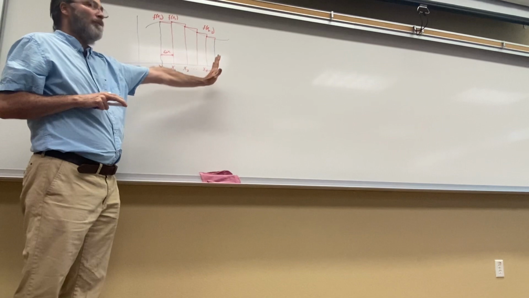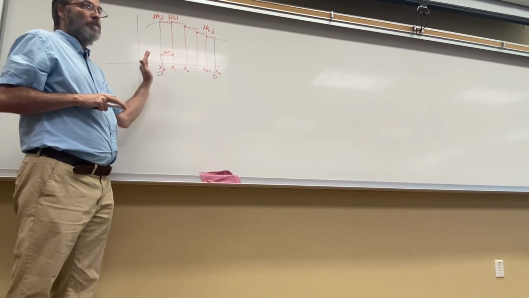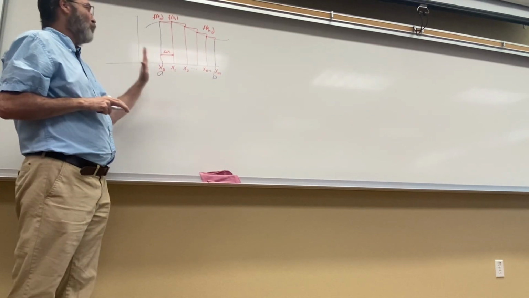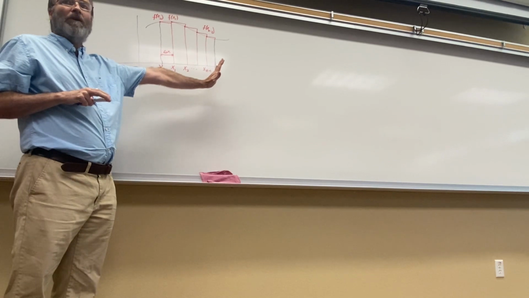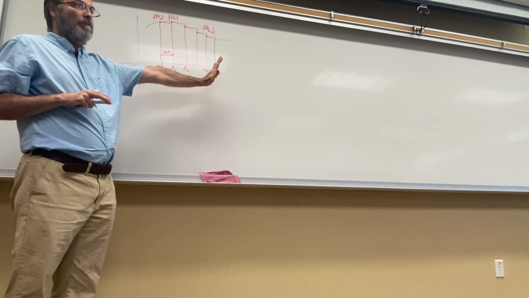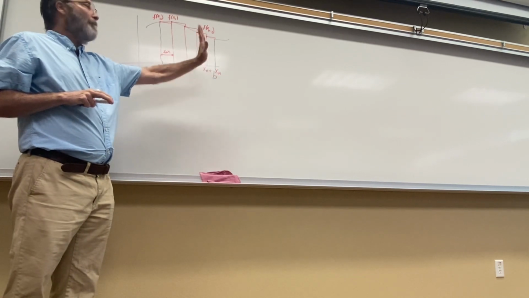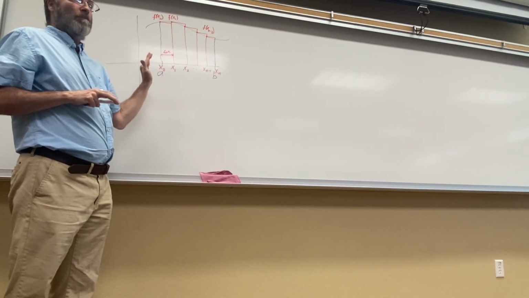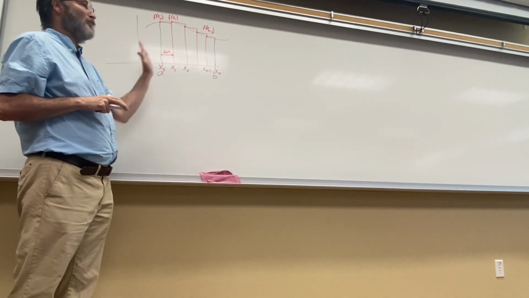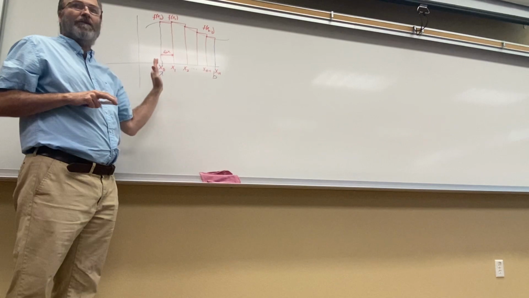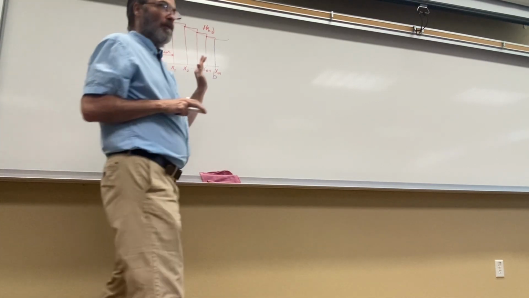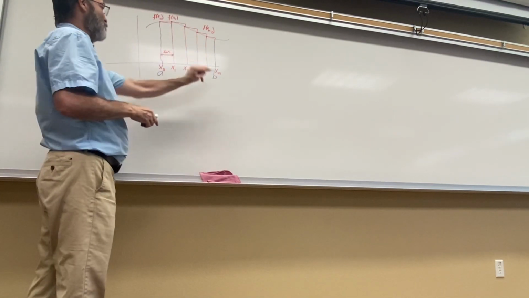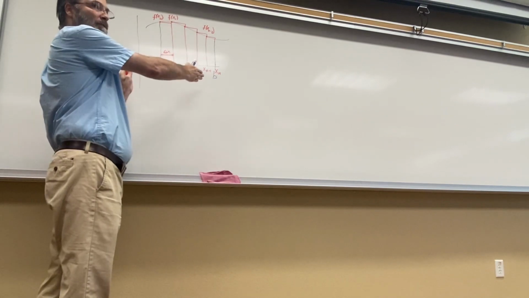It's 10 minus 2. If we're going from A to B, the distance is B minus A. If you want to know the distance from a start to an end, you always do the end minus the start. So 10 minus 2 gives us 8.